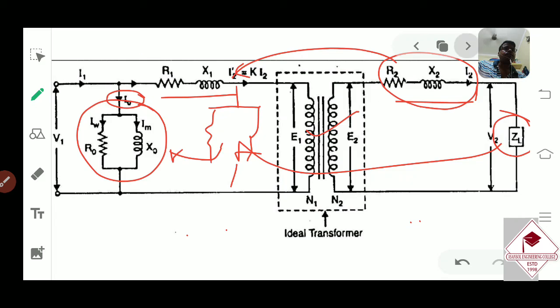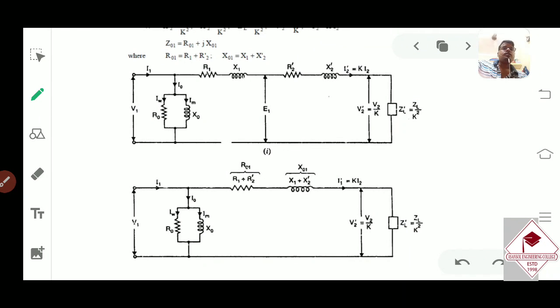See here, this should be a closed circuit. Now R2 dash, X2 dash, that is R2 and X2, have been shifted. So R2 dash is equal to R2 by K square, and X2 dash is equal to X2 by K square. The load impedance has also been shifted, so ZL dash is equal to ZL by K square.